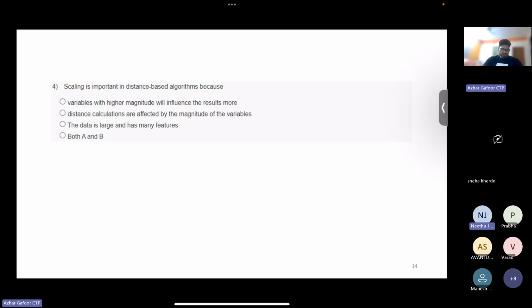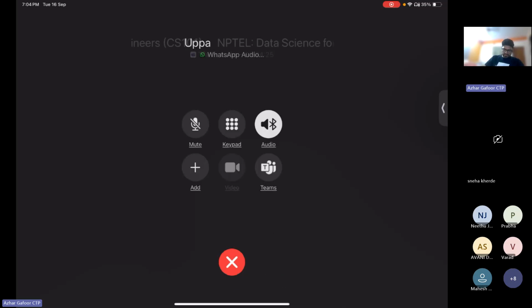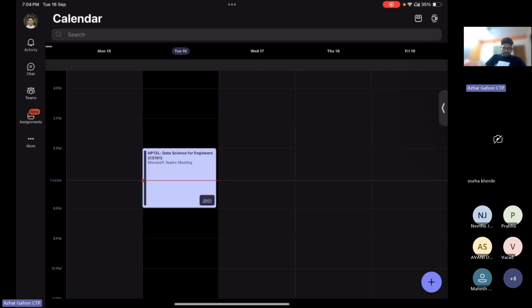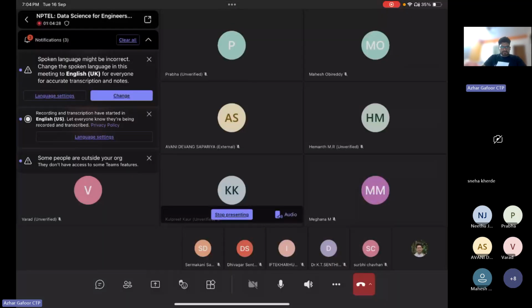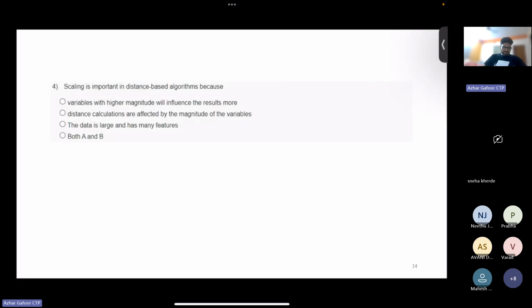The data is large and has many features. No, no, no. Sorry. So we have seen that in MSE, the Euclidean distance which we are calculating, what will affect more?